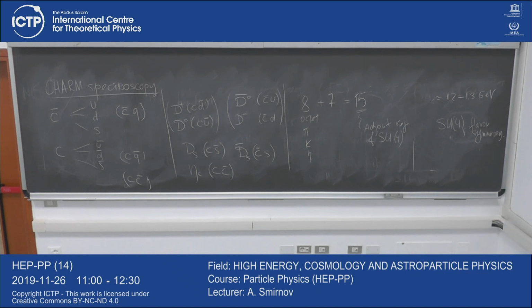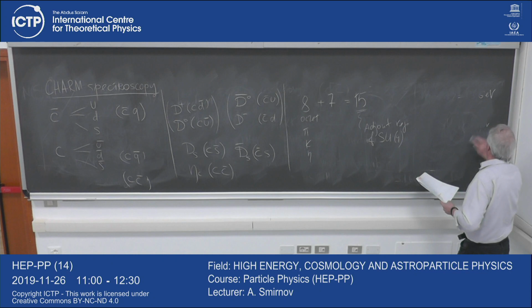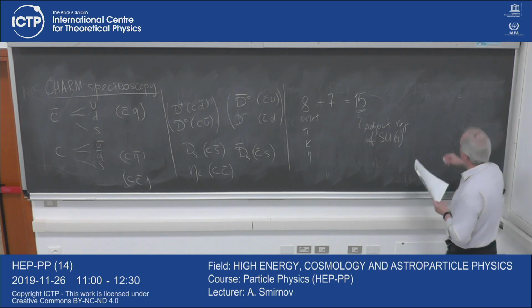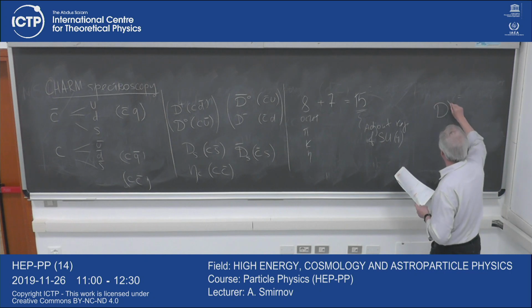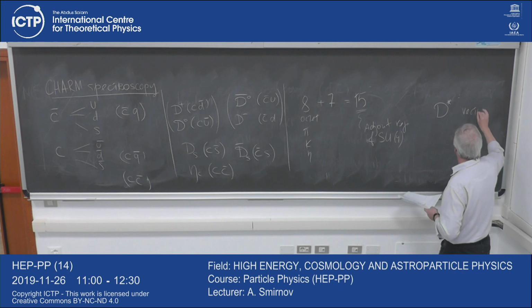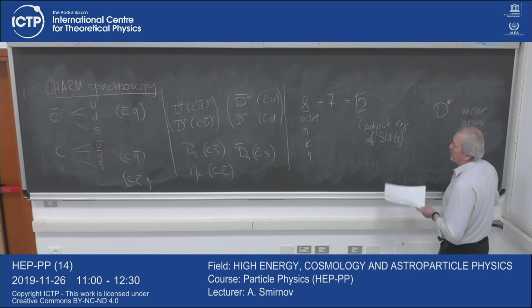Apart from these pseudoscalar mesons, vector mesons have also been discovered, and they have the notation D star. So D star is a vector meson with charm quark.